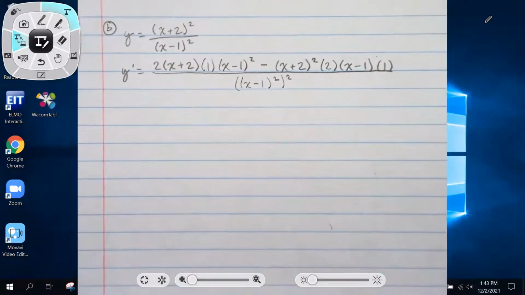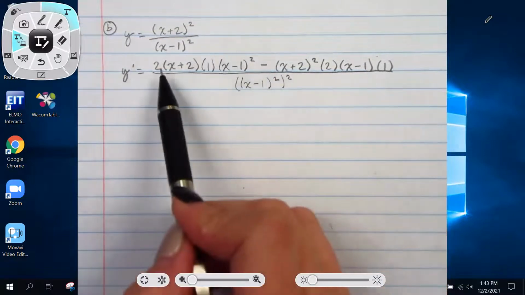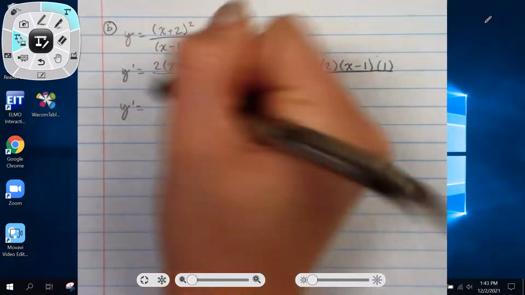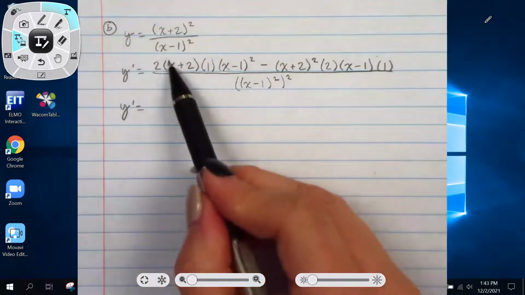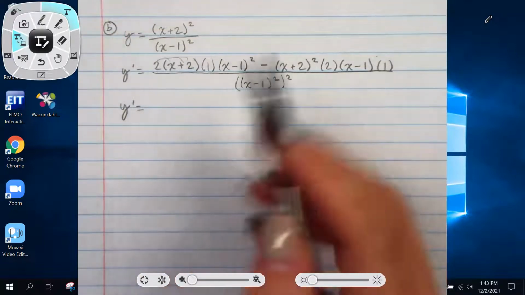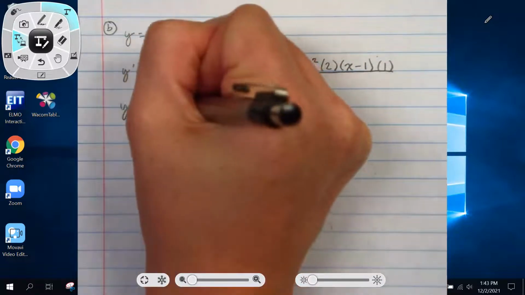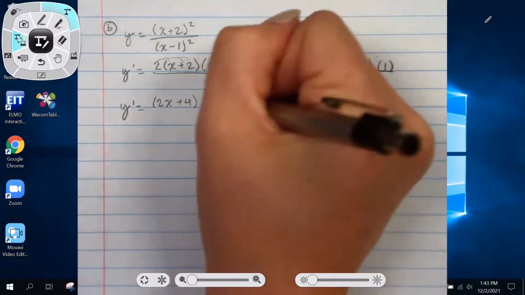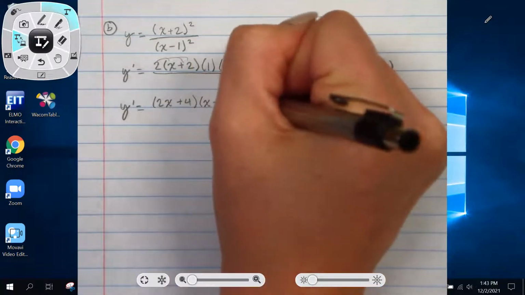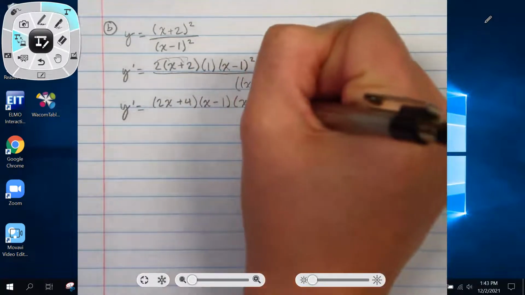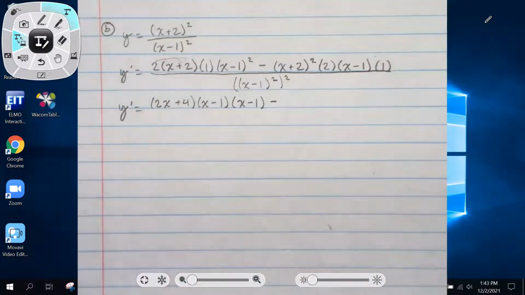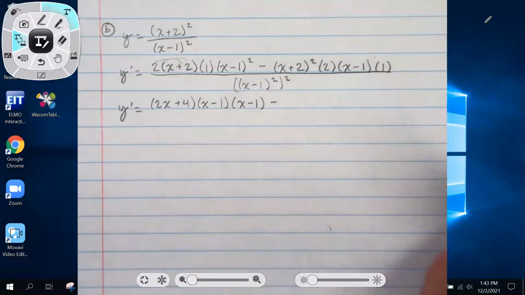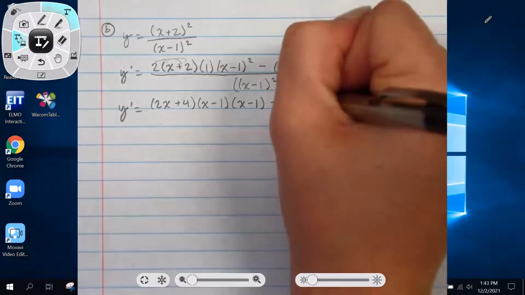Okay, let's multiply everything out in the numerator. I'm going to go ahead and distribute this 2. So we get 2x plus 4. I'm ignoring the 1. And then x minus 1 squared is x minus 1 times x minus 1. Over here, we've got x plus 2 squared.